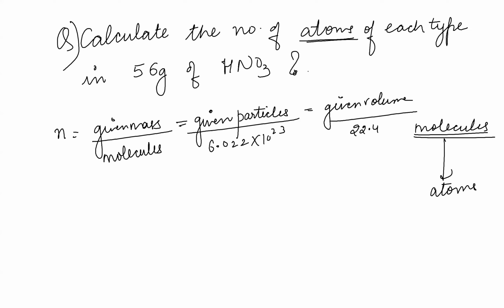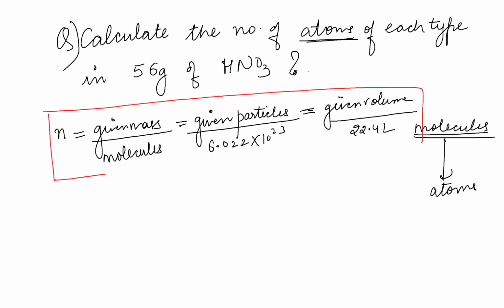If this is the number of particles, then N here is going to be equal to what? Given mass by molecular mass, and that is equal to given particles by 6.022 times 10 raised to 23, is equal to given volume by 22.4 liters. Are we understanding my point or not?